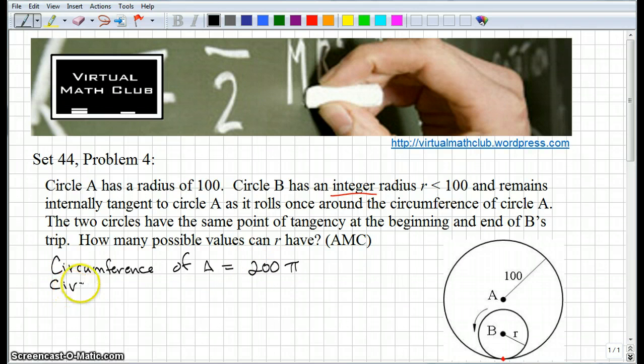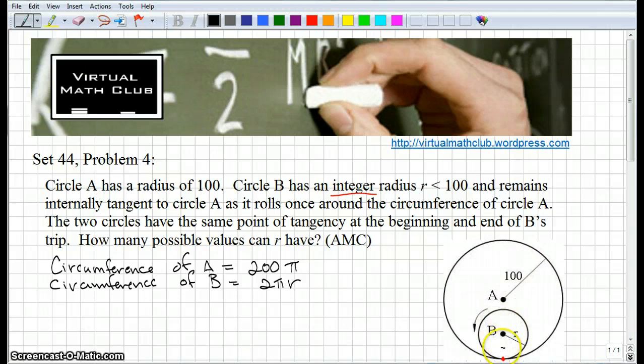And the circumference of B is 2 pi r. We don't know what r is. But in order for these two circles to have the same point of tangency at the beginning and the end of B's trip as it rolls around the inside of A, the circumference of B has to be an integer multiple of the circumference of A.